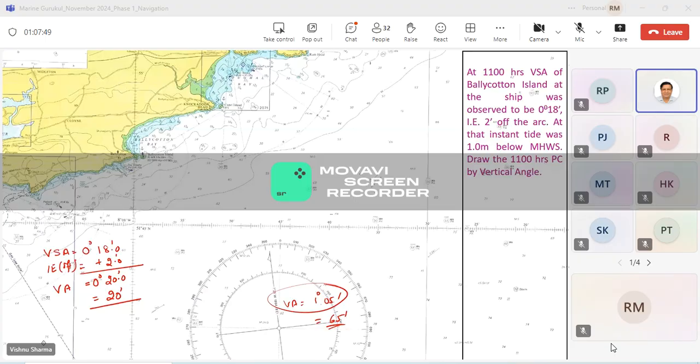Then we go to the height of the object. Now, the height of the object is not mentioned in the question, so we can look at the chart. Ballycotton Island light is here. What are its characteristics? It is written like this. Let me write it down here.